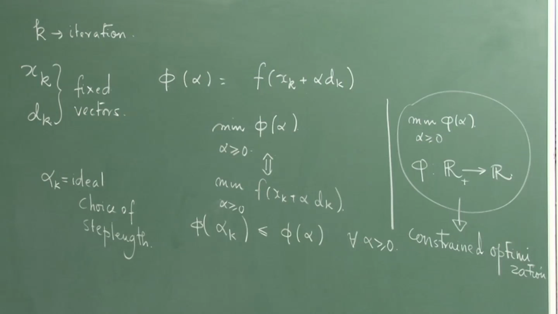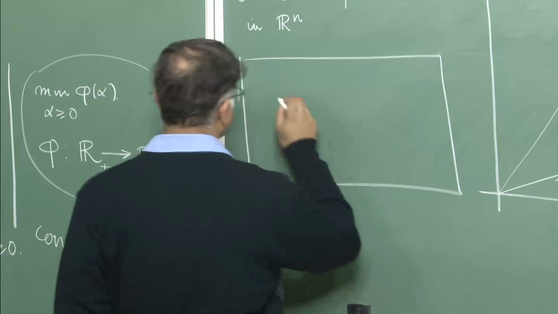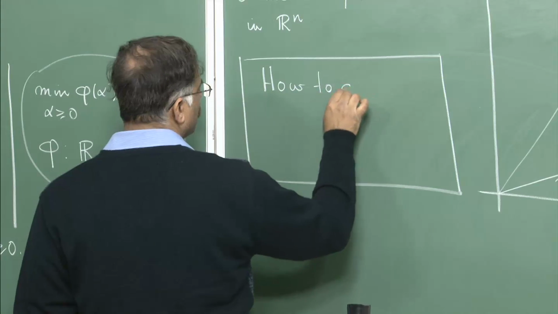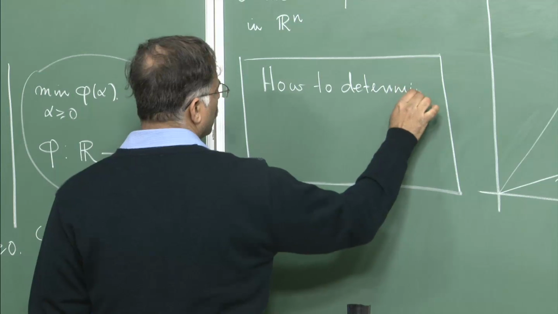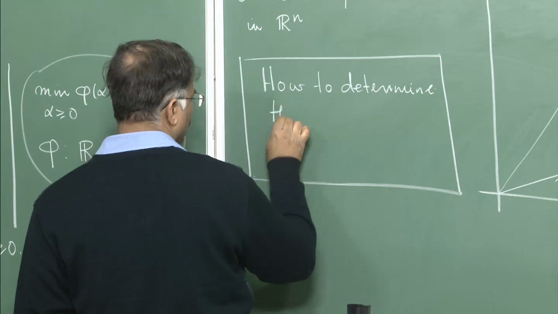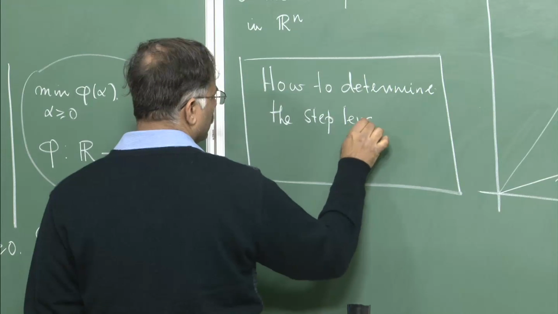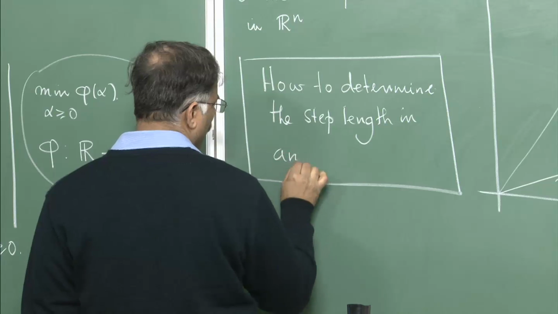So, the trick here is the following. The question is how to determine the step length, but the more important question is how to determine the step length in an inexact fashion.